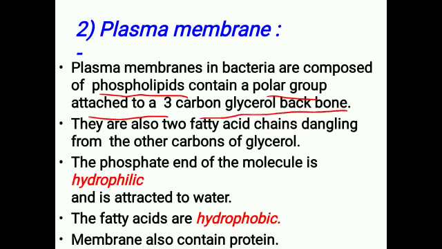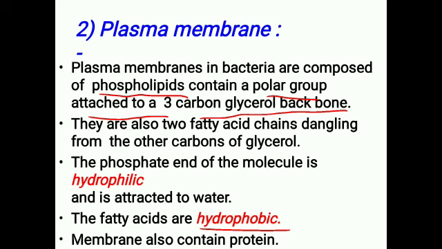There are also 2 fatty acid chains extending from the outer carbons of glycerol. The phosphate end of the molecule is hydrophilic and attracted towards water, while the fatty acids are hydrophobic in nature.